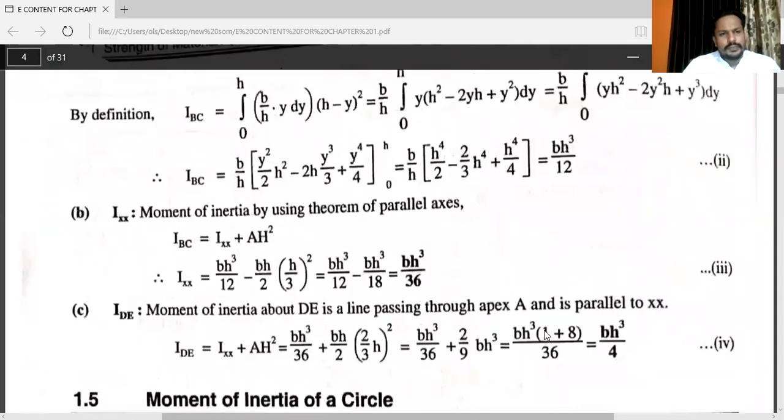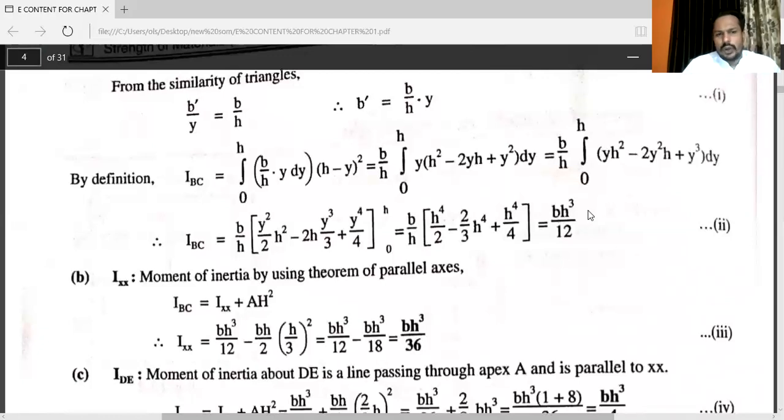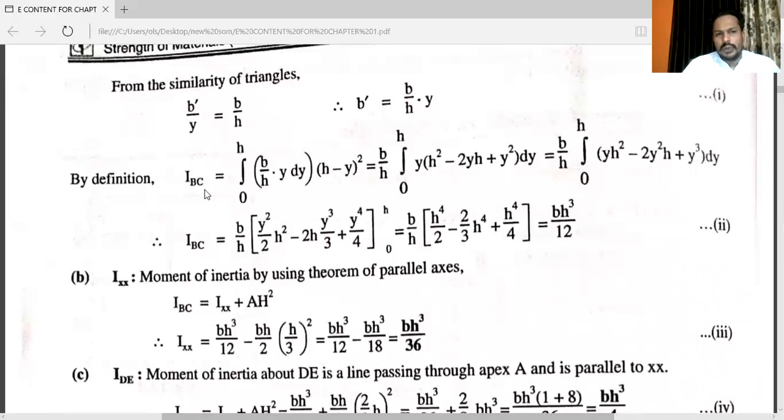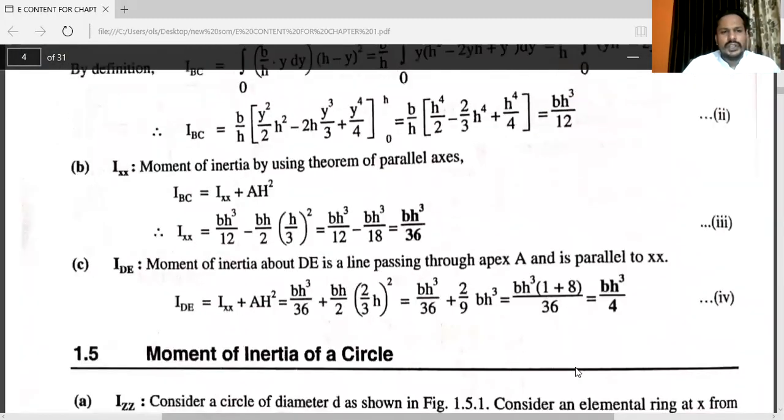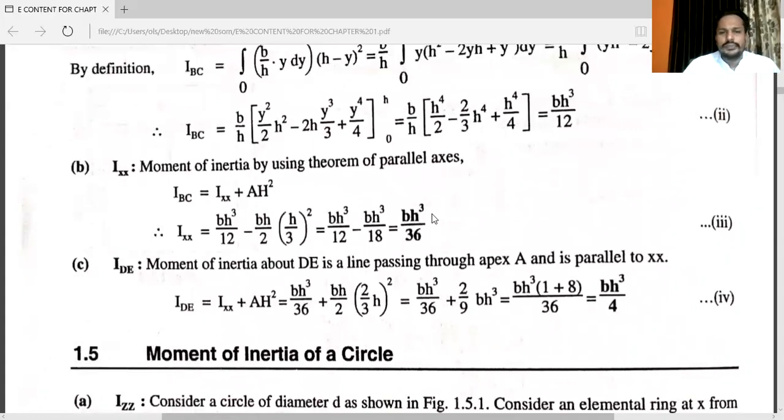Here you can see the formula: moment of inertia about base BC is BH cube by 12, that is for the triangle. Moment of inertia about XX is BH cube by 36.